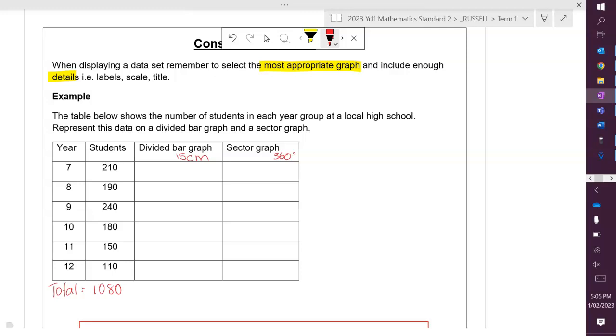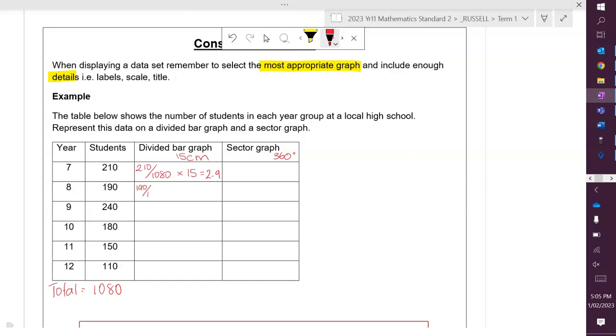So for our divided bar graph, it's going to be 210 divided by 1,080 multiplied by how big our bar is, which is our 15 centimeters. And if we were to type that in, we get 2.9. And we're going to do the same thing for each of these year groups.